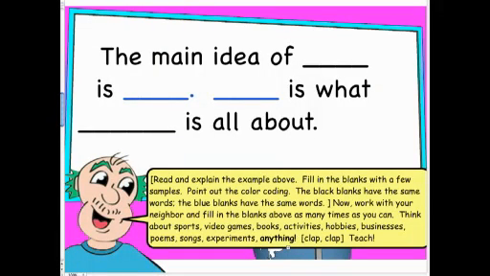Now, let's have some blanks. The main idea of blah is blah. Blah is what blah is all about. Model that, and then give them a chance to do it orally. We emphasize the importance of oral repetition because kids can get more reps orally than they can writing stuff down.